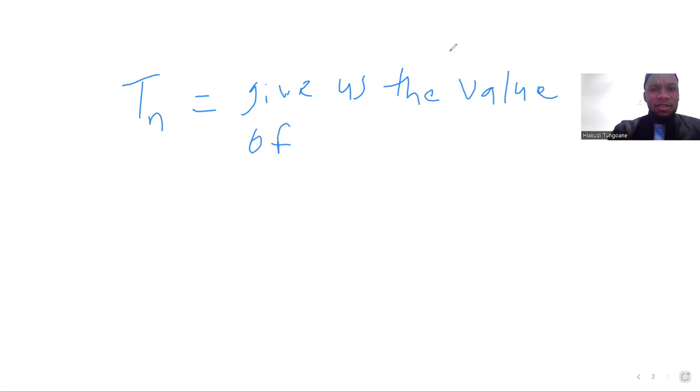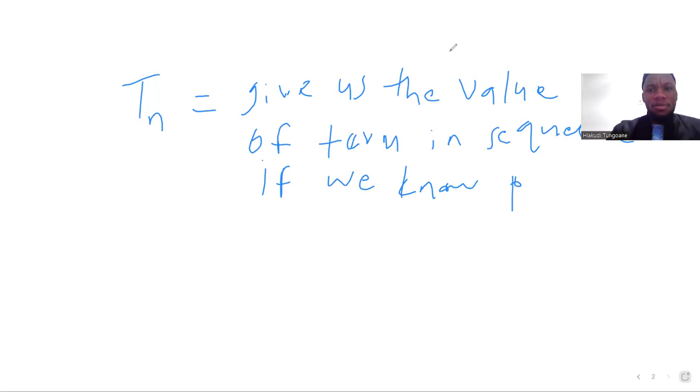So let's write down: the value of a term in a sequence if we know the position.